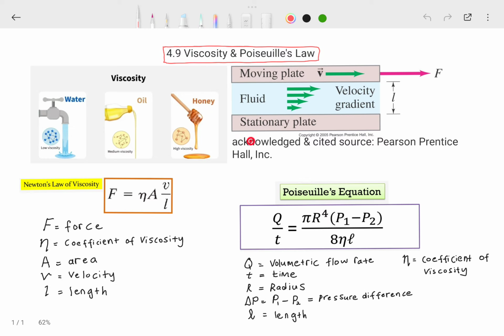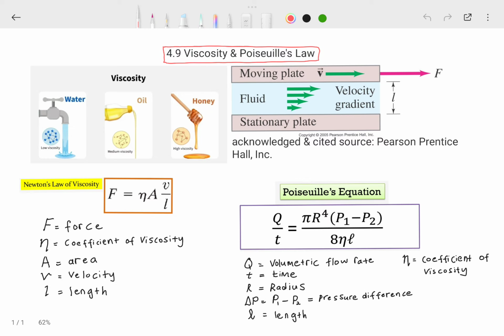So if you look into this diagram, fluid flows in a capillary or pipe, which has a diameter or length, at a certain velocity, towards force F.